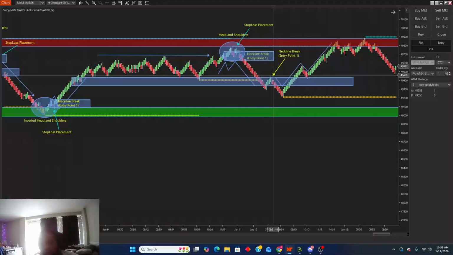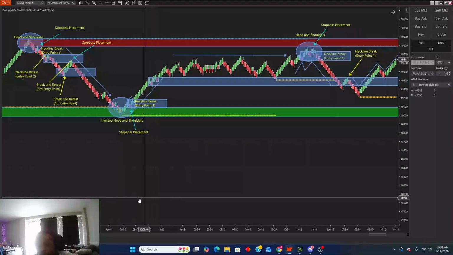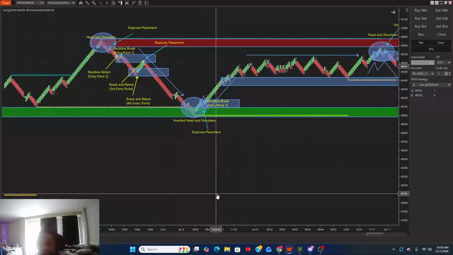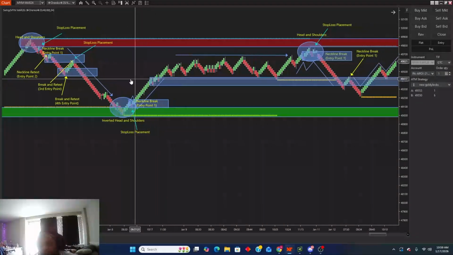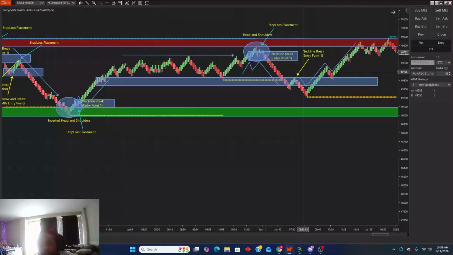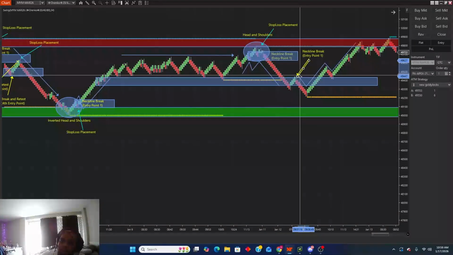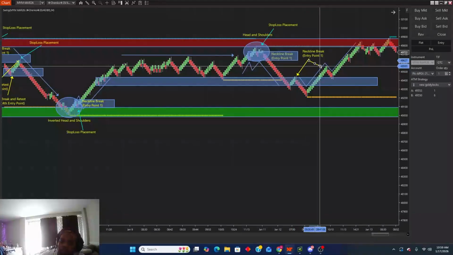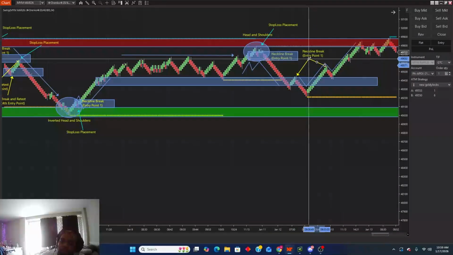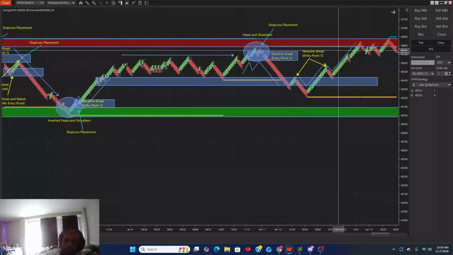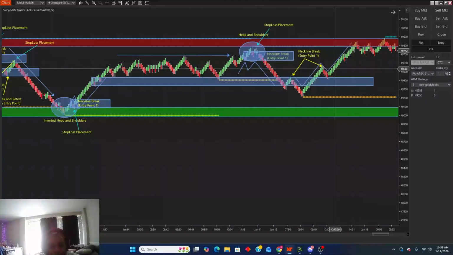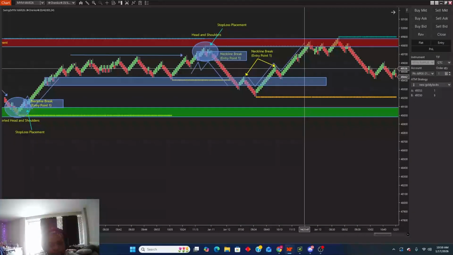Right? If you're treating this as an inverted head and shoulders, this is your neckline break. Understand?